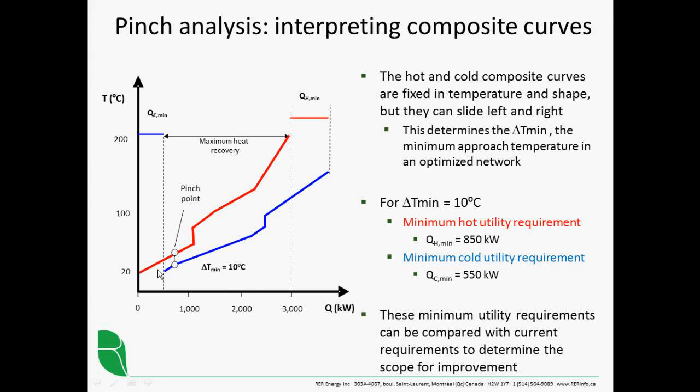If we shift it in really close, well, firstly, it can't go to the left of the hot composite curve because then you would have a negative temperature difference between the two and heat flow isn't going to occur. But as you shift it further away to the right, there is a larger and larger difference in temperature between the two curves.